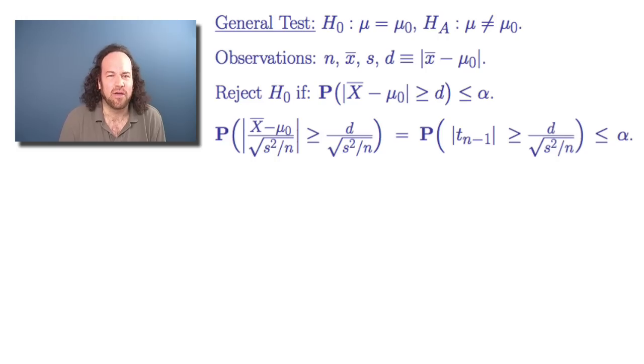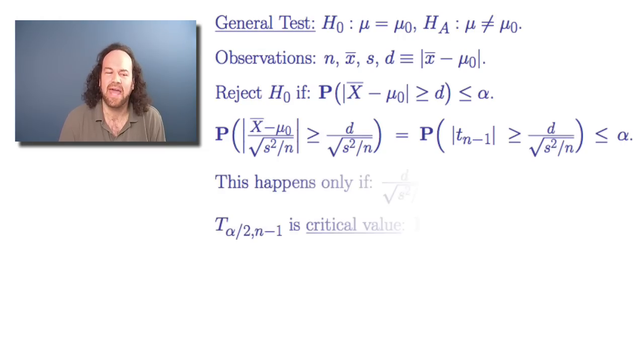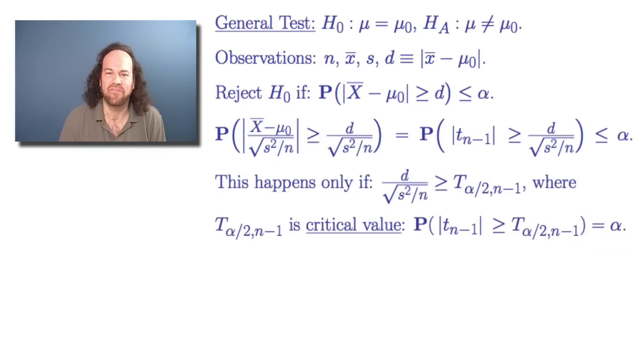Another way to think about it, which will make the connection to confidence intervals more clear, is to say, well, this will only happen if the probability that t is bigger than or equal to that in absolute value is less than or equal to alpha, if that difference is bigger than or equal to a critical value. So I'm going to write capital T now for a critical value, and this is the critical value which says that for a t-distribution with n minus 1 degrees of freedom, the probability in absolute value of being bigger than or equal to that critical value is equal to alpha.